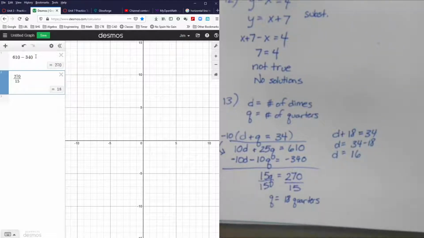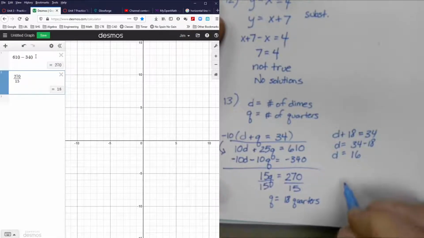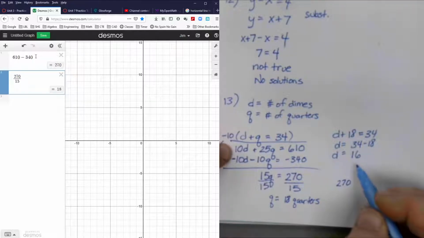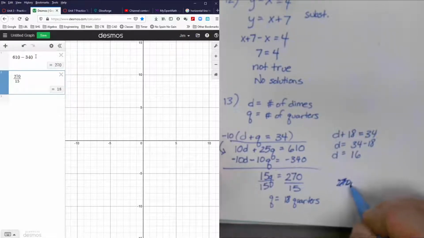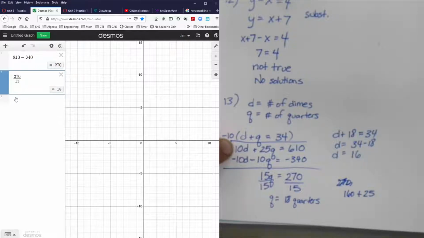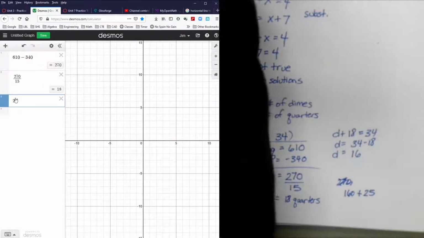And then just as a sanity check, right, I know that 10 cents per dime, let's do that again. 10 cents per dime times 16 is going to be 160. And then 25 cents per quarter, so if it has 18 quarters, that would be 25 times 18.